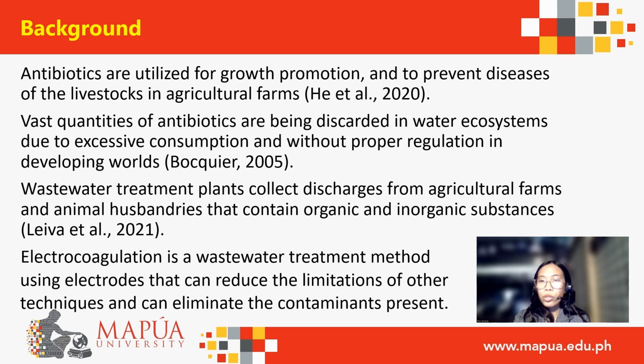And in order to resolve this problem, studies have shown electrocoagulation. For treating water effluents, electrocoagulation has been proposed as a potential method for removing antibiotics, and not only antibiotics, but also other organic compounds.